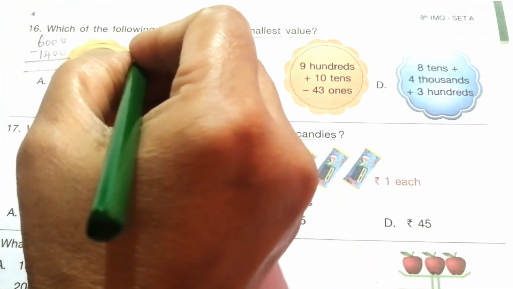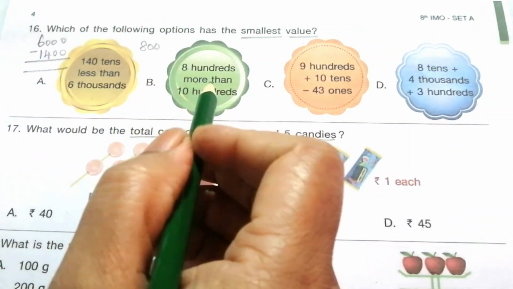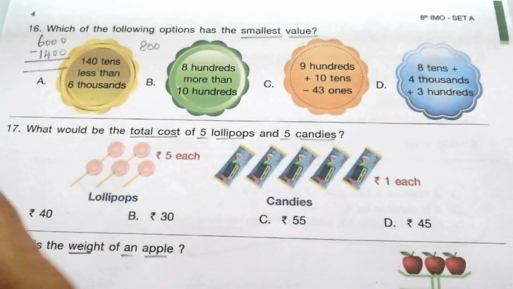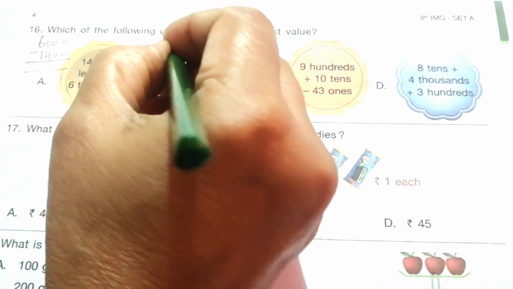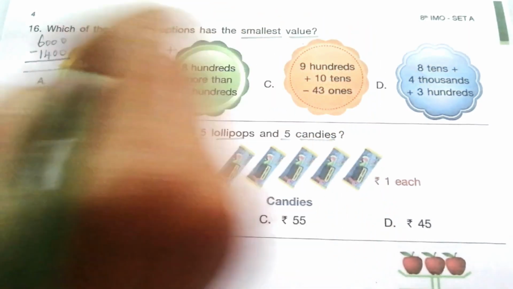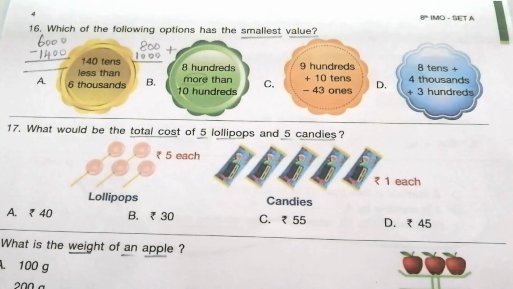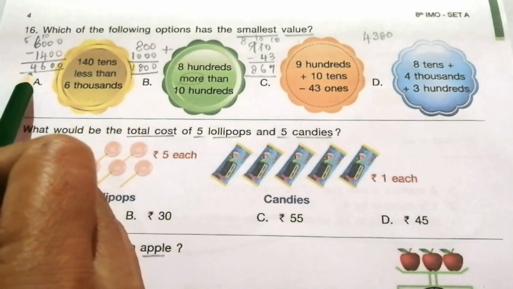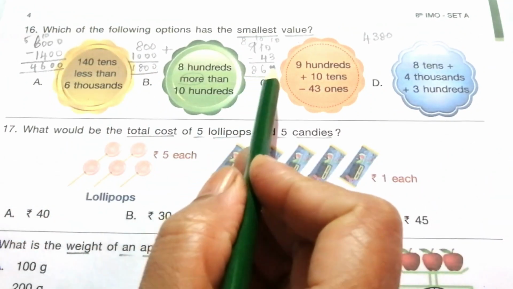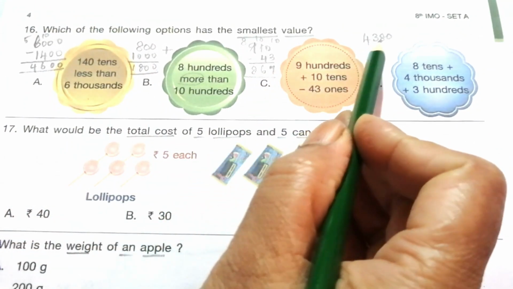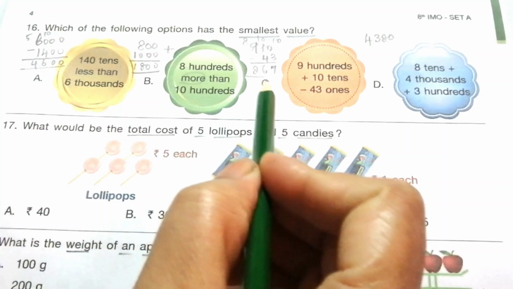So 800 and 10 hundreds means 1000. More means you have to add. Likewise you write the other two statements. So we get 4600 for A, 1800 for B, 867 for C and 4380 for D. So the smallest value is C.